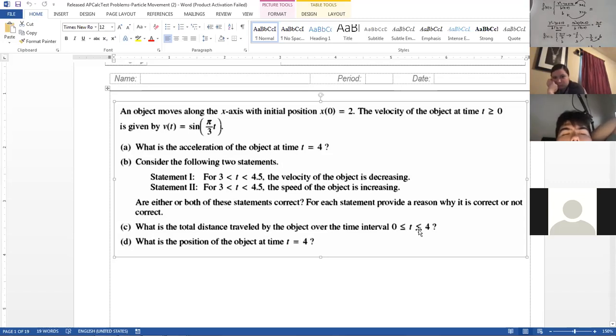Nos vamos a poner, por ejemplo, this one. If an object moves along the x-axis with initial position at x equals 2, the velocity of the object at time t positive is given by v of t equals sine pi over 3t. Okay? Let's do this.